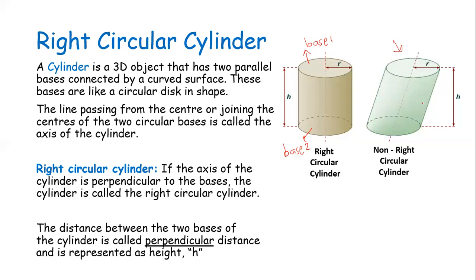However, in this cylinder, which is non-right, we see that the perpendicular distance, which we call h, is not equal in length to the piece of line that connects the centers of the 2 bases and that falls on the axis of the cylinder.